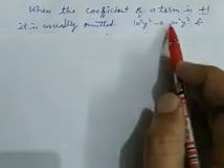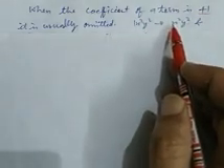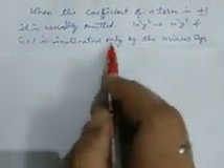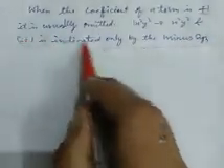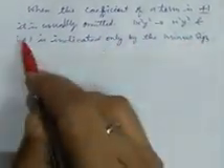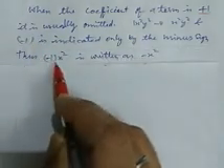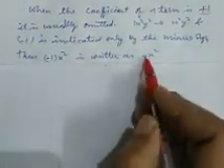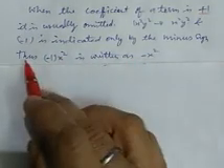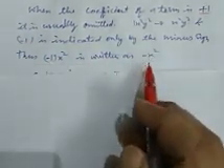This 1 is not expressed here; we omit that. And minus 1 is indicated only by the minus sign. If there is minus 1, we indicate only the minus sign, not the 1. Thus minus 1 into x square is written as minus x square. Always remember this.